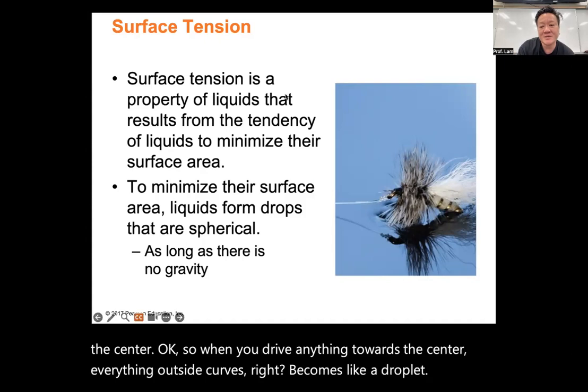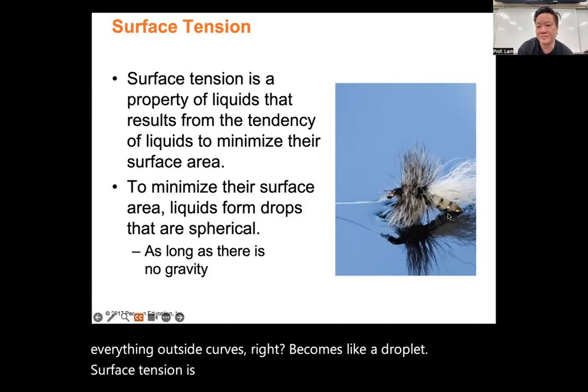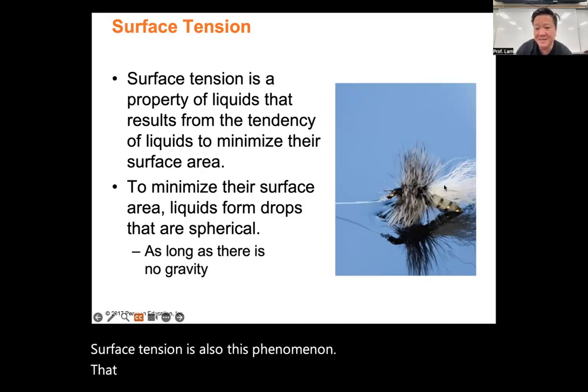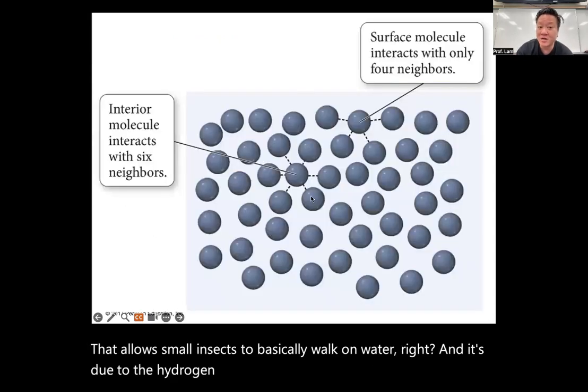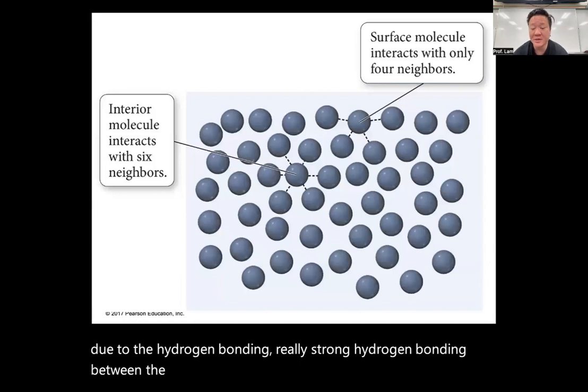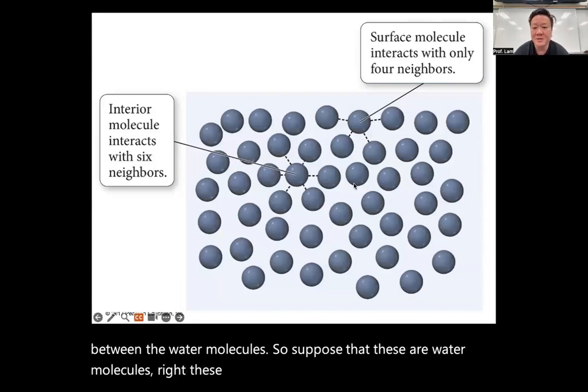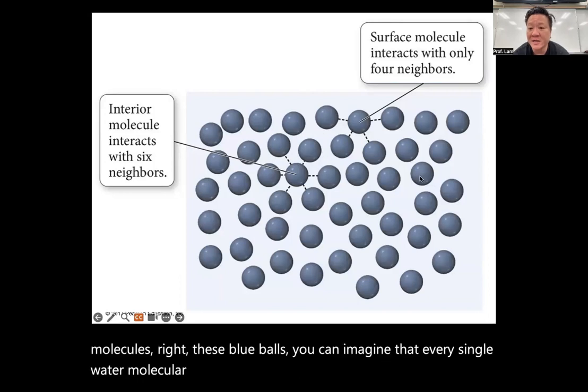Surface tension is also the phenomenon that allows small insects to walk on water. It's due to the really strong hydrogen bonding between the water molecules. Suppose that these blue balls are water molecules. Every single water molecule here has hydrogen bonding in every direction.